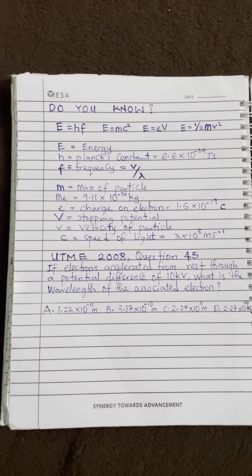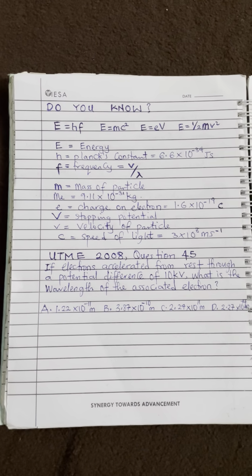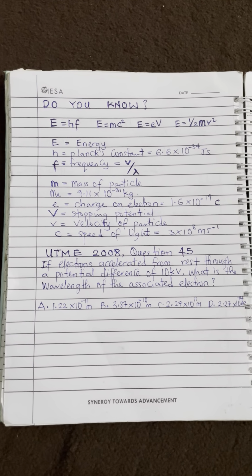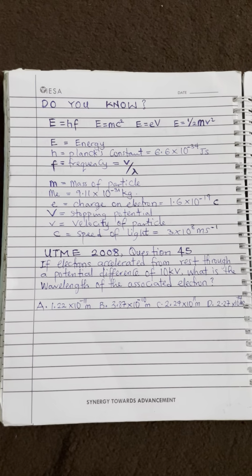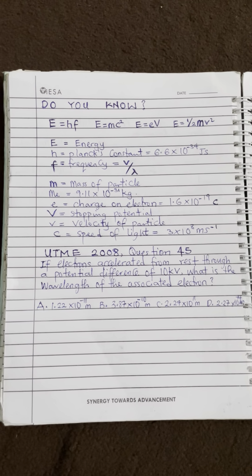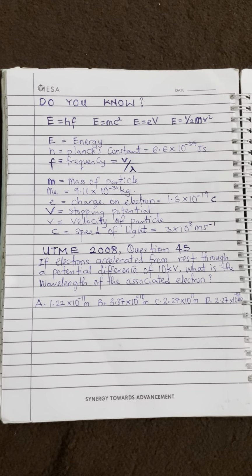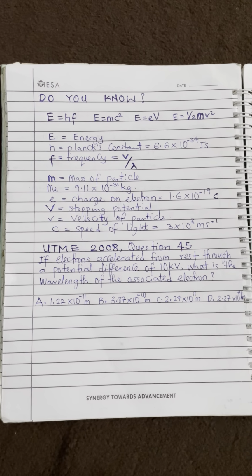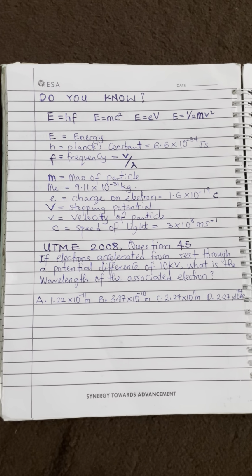Now E is energy, h is Planck's constant, which has that value, and f is frequency, which is most times equal to v over lambda, and m is the mass of the particle.